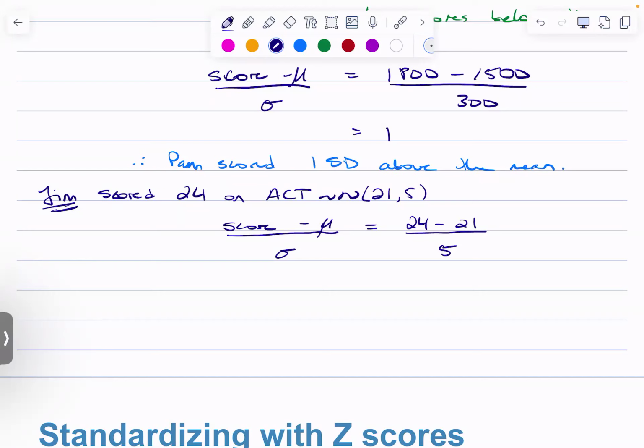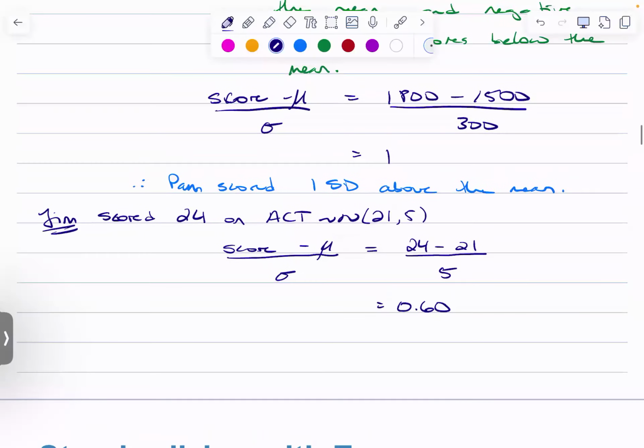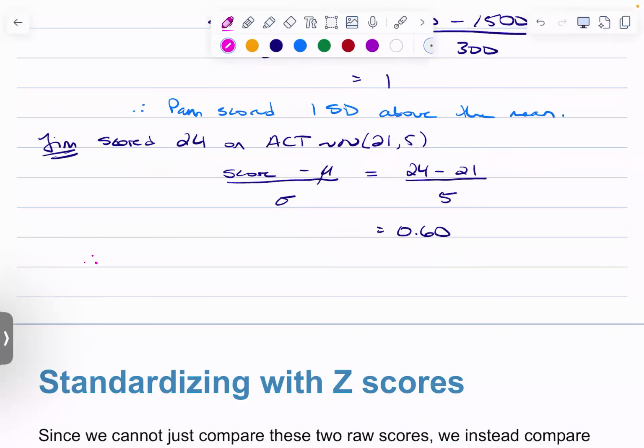Close. 24 minus 21 is 3, divided by 5, but no cigar. 0.60 if you want. Pam scored better, did better relative to her group of test takers. And so therefore, Pam's score is better than Jim's.